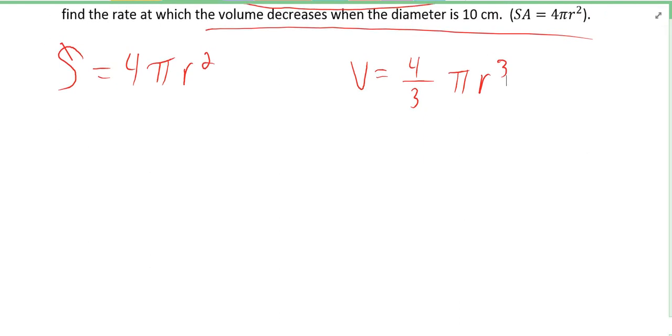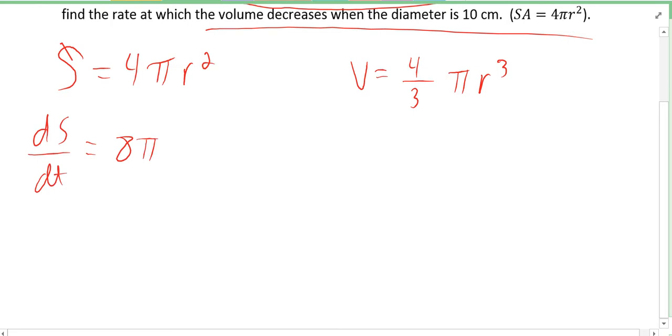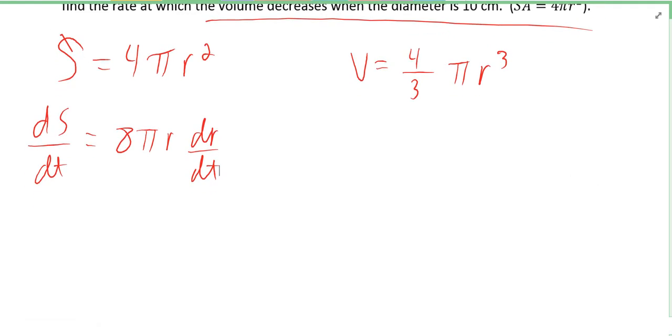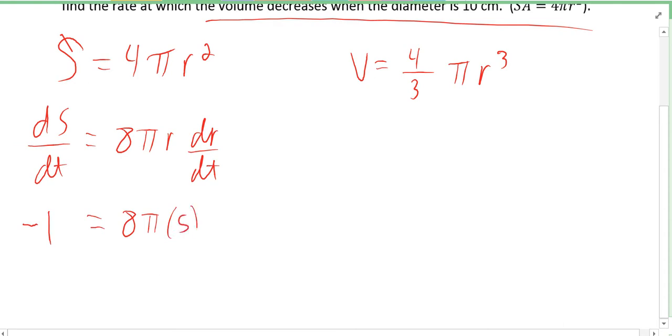So we're going to derive s with respect to time. That gives us 8 pi r dr dt. And we know ds dt. It's decreasing at 1, so it's negative 1. And the diameter is 10, so the radius has to be 5.